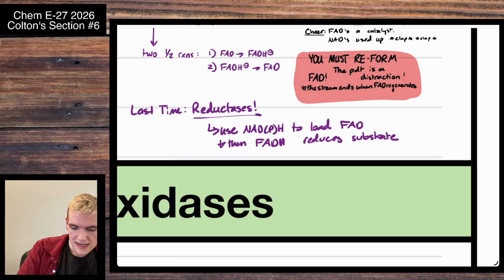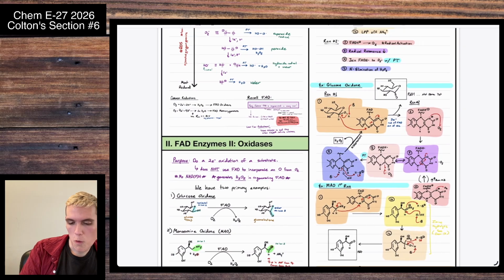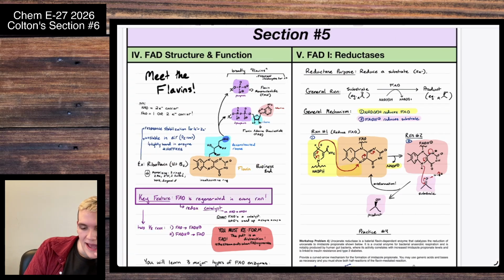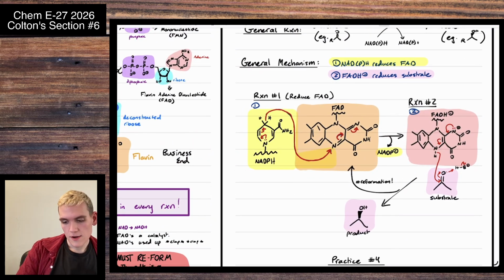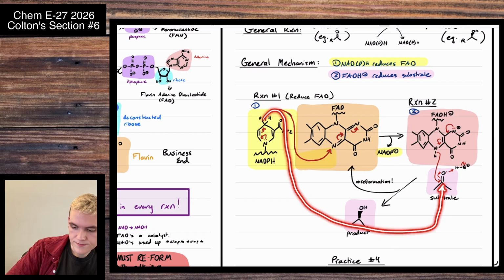And honestly, I was like, why? And I ended up asking Serenia about it. I was like, why even do this? Because here, really, FAD is doing the same exact thing that NADH or NADPH would do. Like, why not just do this?